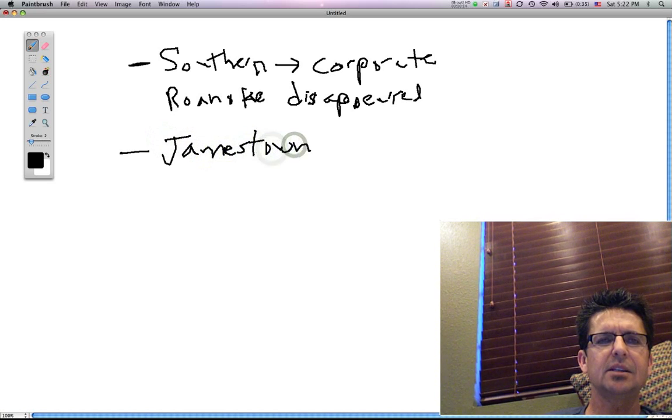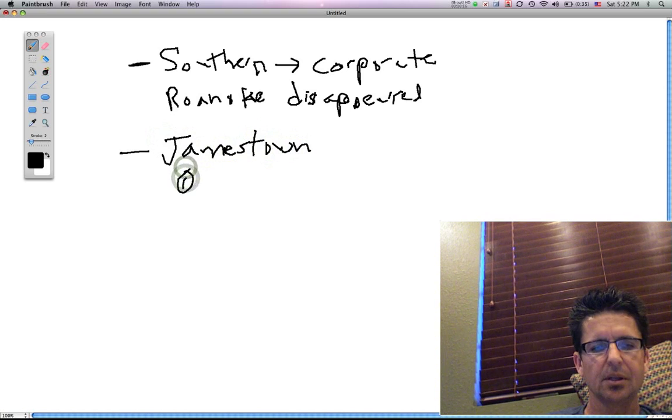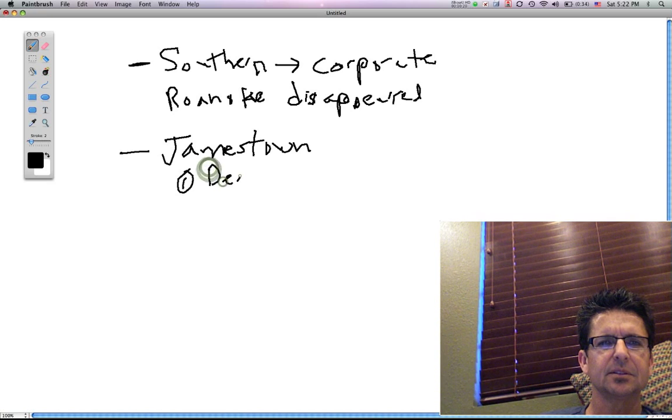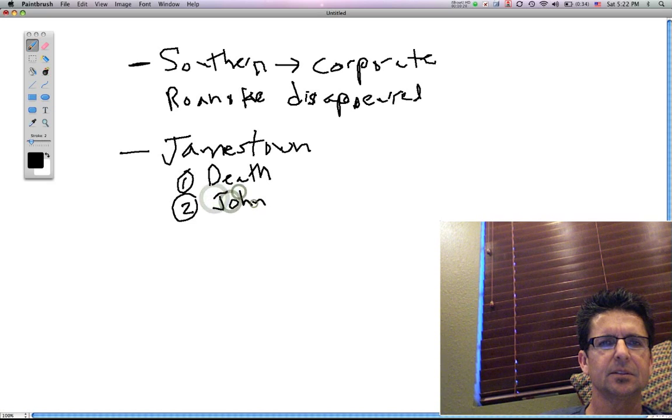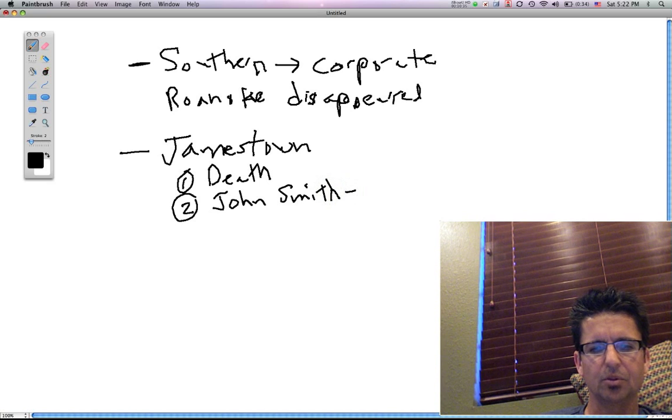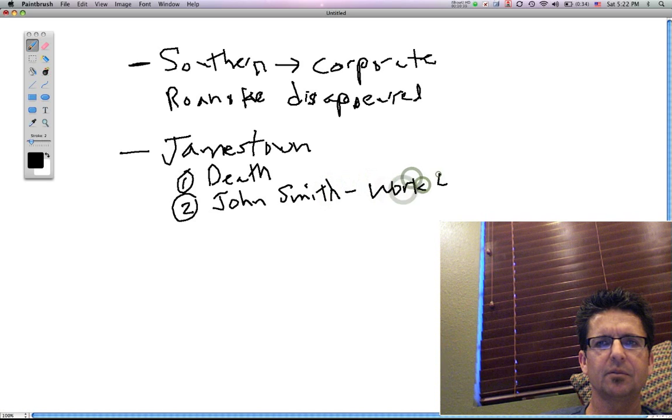What are some key ideas on Jamestown that we learned? Well, there was a lot of illness and death, right? A lot of death at first. And then something happened. We had John Smith. And John Smith did what? He established some rules, right? He had to work for food.